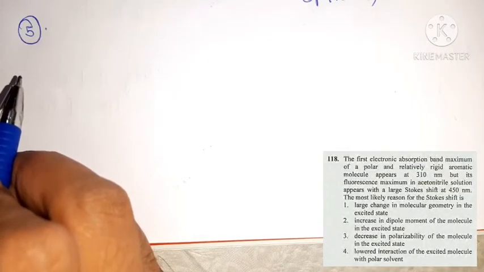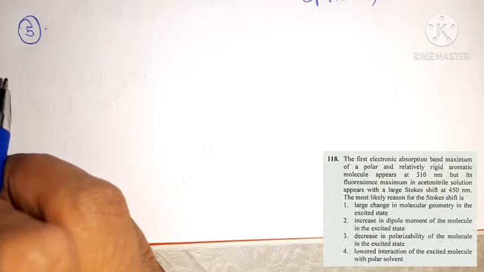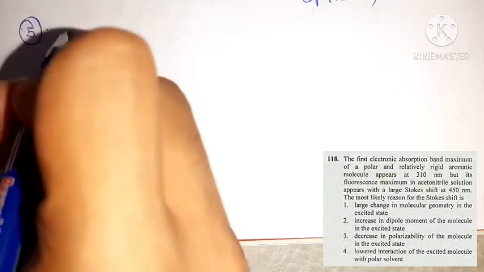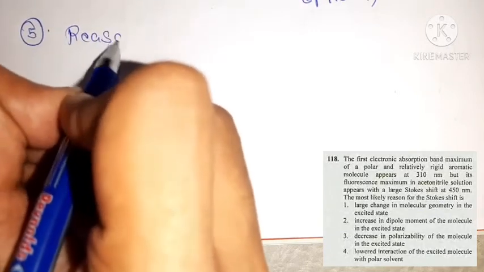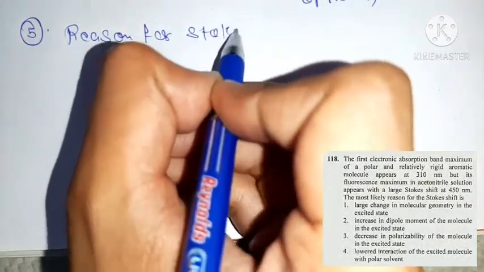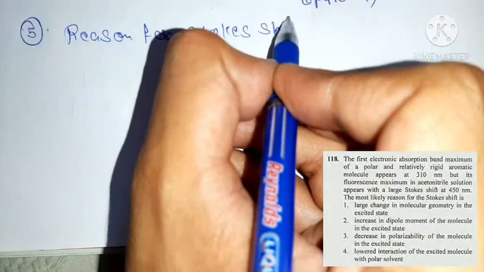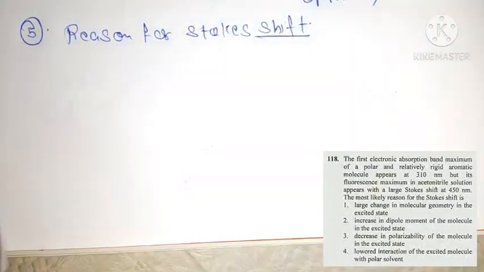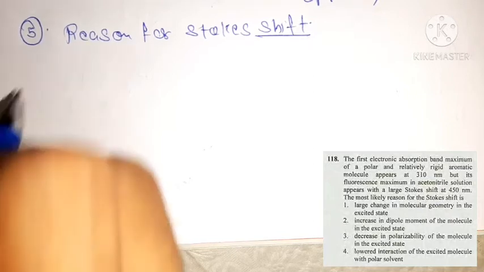Now see, friends, in this question we must find the reason for Stokes shift. First of all, this Stokes shift or anti-Stokes shift will be seen in your Raman spectrum.